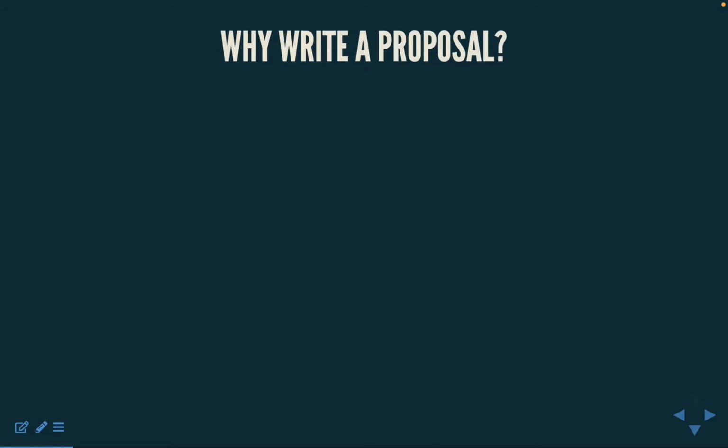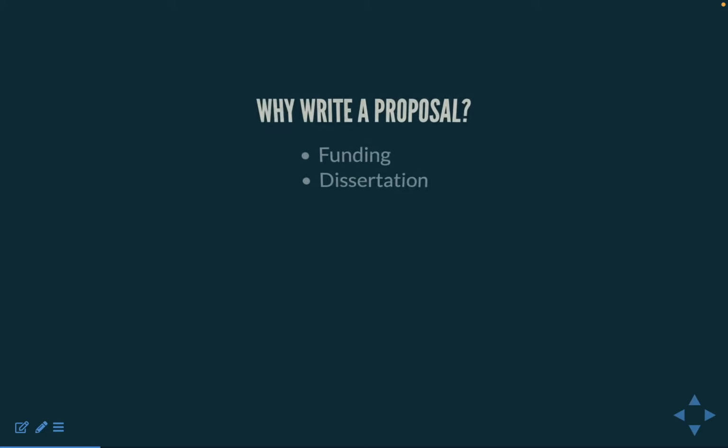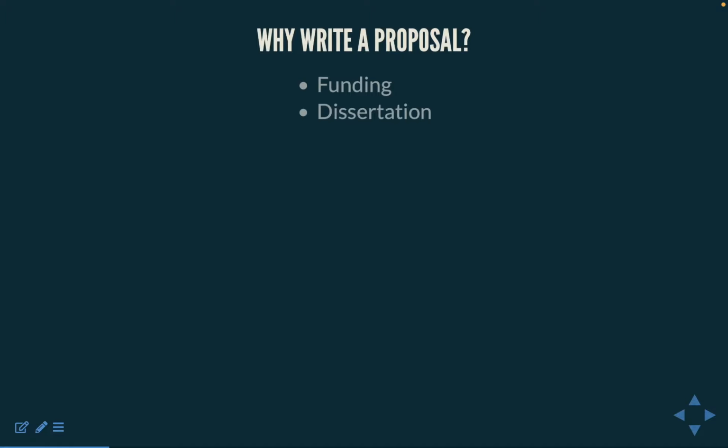Now, why do we need to write a proposal? Well, in academia at least, it's for funding or for our dissertation or thesis. In the case of funding research, it's quite simple: there's just no funding without a proposal. All funding bodies have their own framework for the submission of a research proposal. Academic research, such as a dissertation, will always have some form of requirements for a proposal.